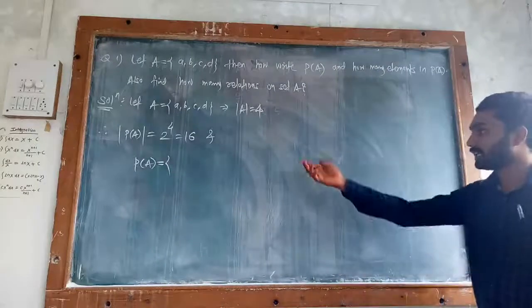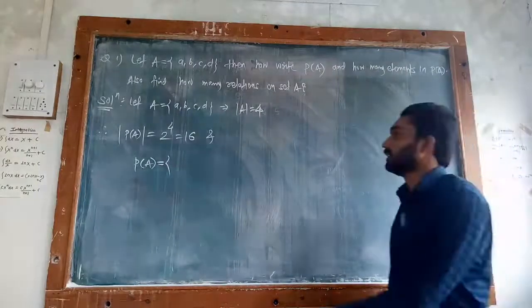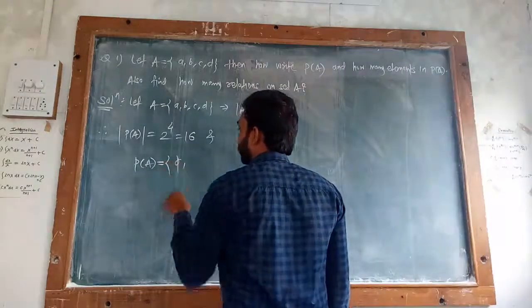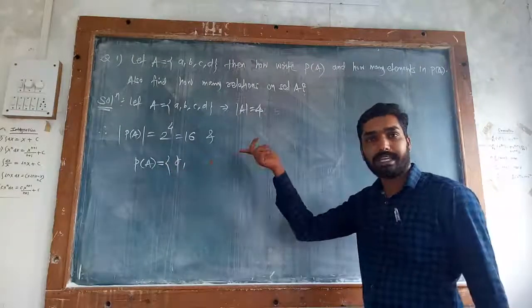Now I am going to write down this power set of A. The first element is the empty set, which is always a subset of any set.